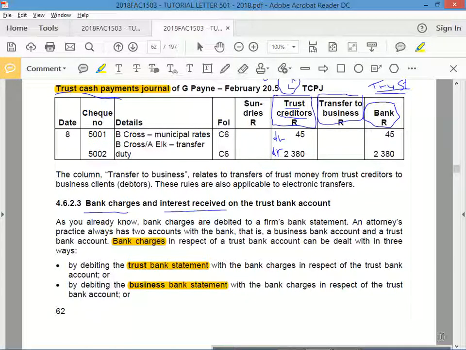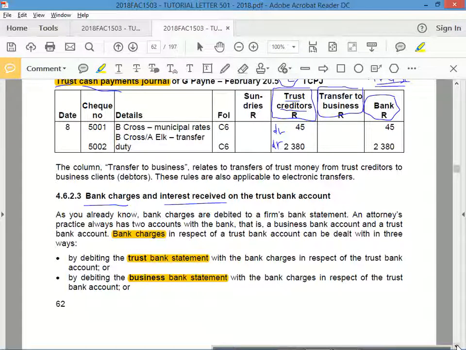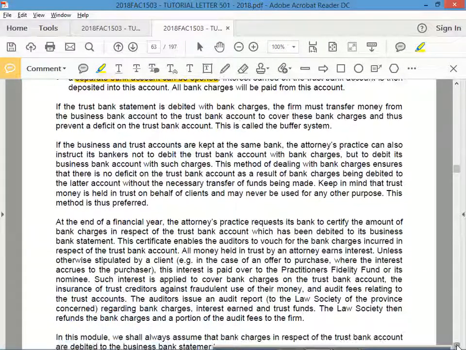What I would suggest you do is look at the example exercises. That's the best, because then you'll know how UNISA wants you to account for it, because there are different ways. They've actually stated here 3 different ways to deal with the bank charges. So stick to the one that they've given you in the examples.